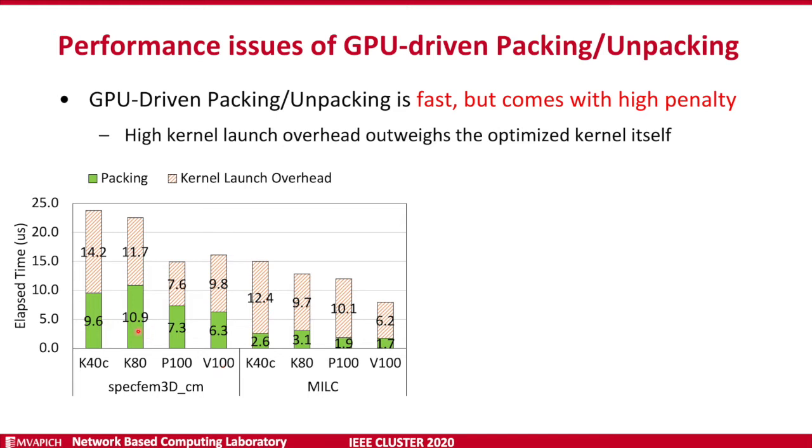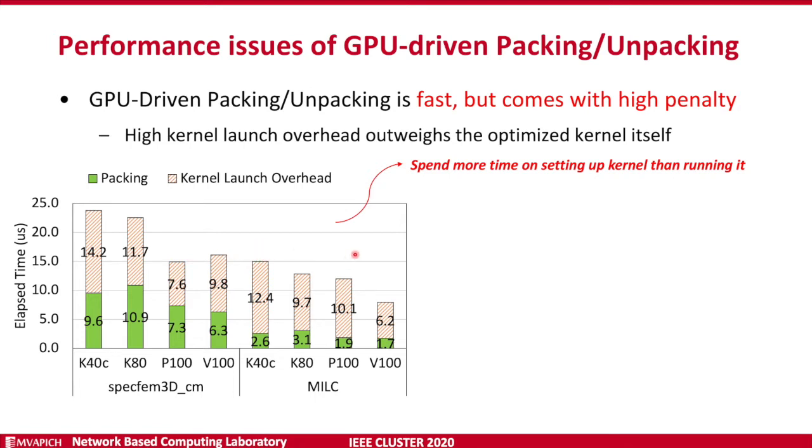You can see that packing is very fast, taking around 10 microseconds, or for a different workload just 2 microseconds. But if you look at the launch overheads, it's like a constant, usually 5 to 10 microseconds, sometimes faster, sometimes slower. Overall, you can see that we actually spend more time on setting up a launcher kernel and running it.